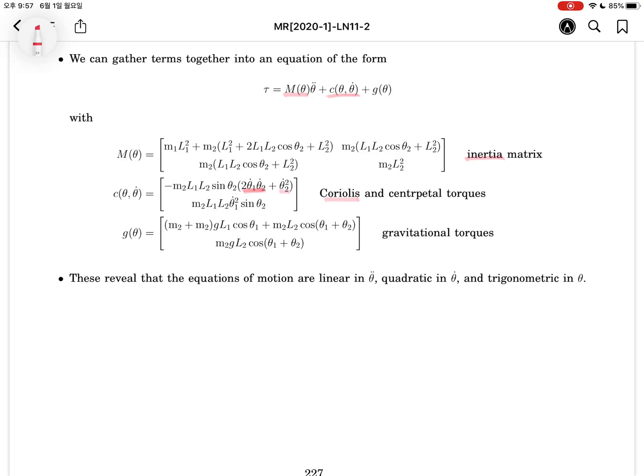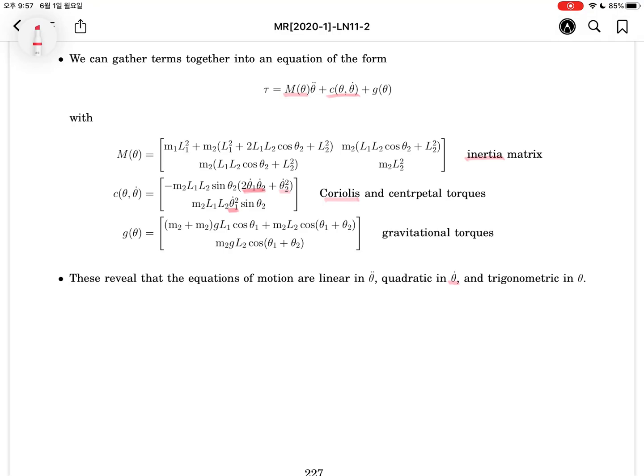On the other hand, the theta 2 dot squared term is related to the centripetal torque or force. Okay, this is also centripetal. So in the case of robot dynamics, the equation of motion has a quadratic form in theta dot.